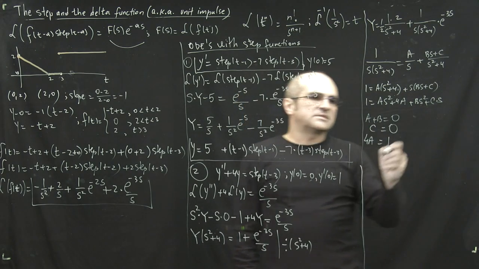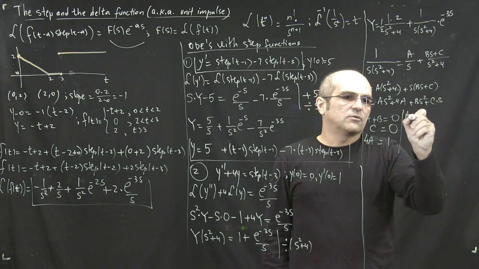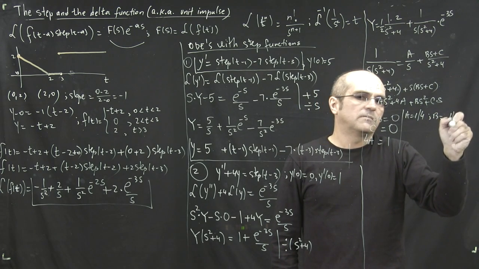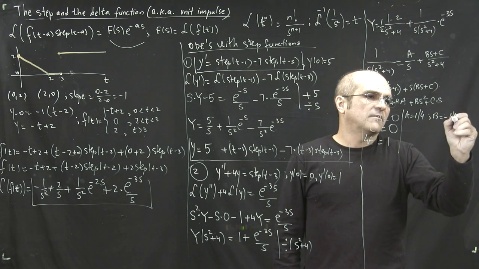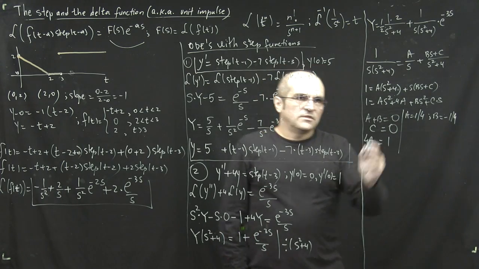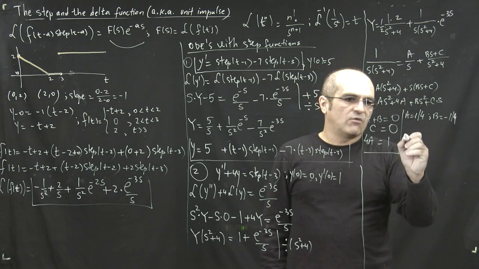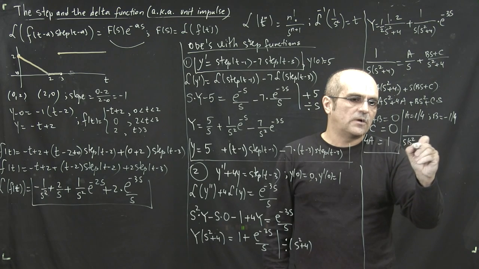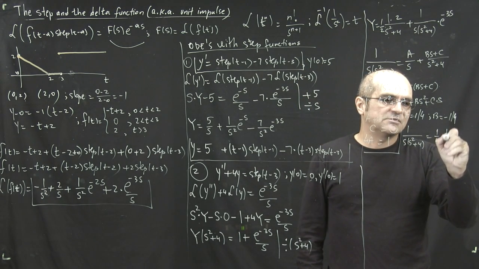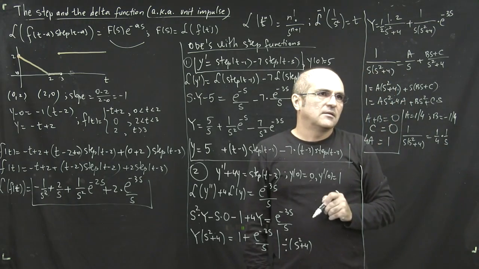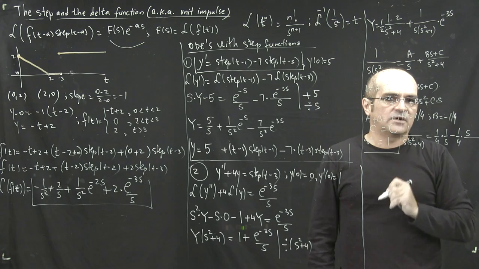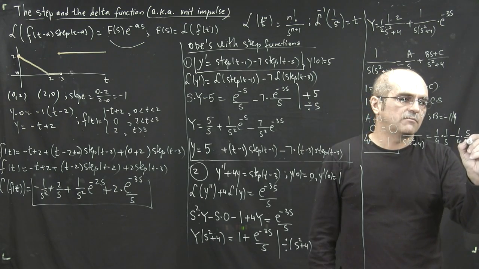All right, so C equals 0, A is equal to 1 over 4, and automatically B is minus 1 over 4 from the first equation. So this fraction, 1 over s times s squared plus 4, is in fact 1 over 4 times 1 over s minus 1 over 4 times s over s squared plus 4.